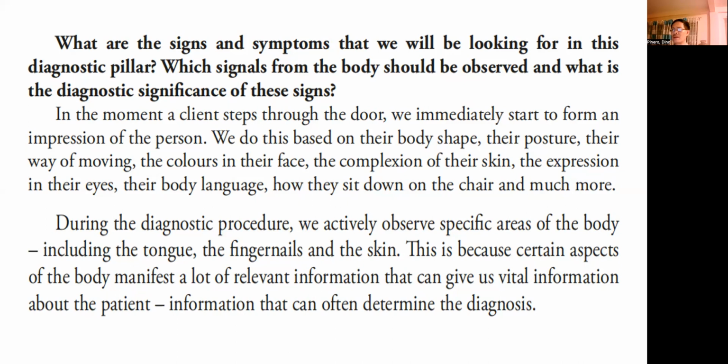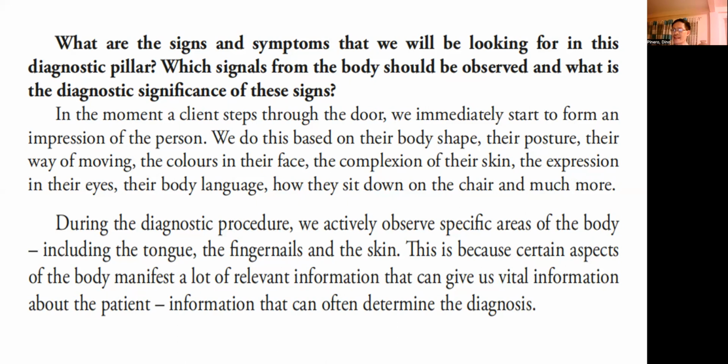We do this based on their body shape, their postures, their way of moving, the colors in their face, the complexion of their skin, the expression in their eyes, their body language, and how they sit down on the chair, and much more. During the diagnostic procedure, we actively observe specific areas of the body, including the tongue, the fingernails, and the skin.